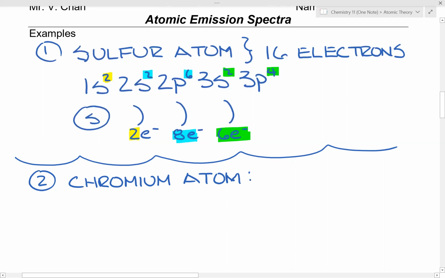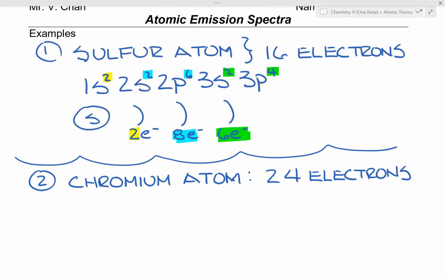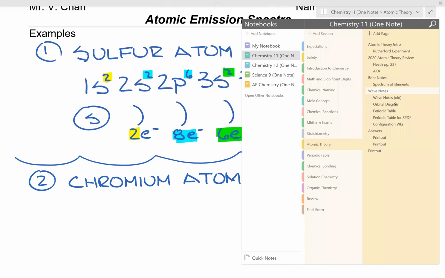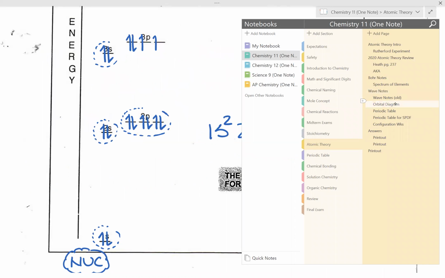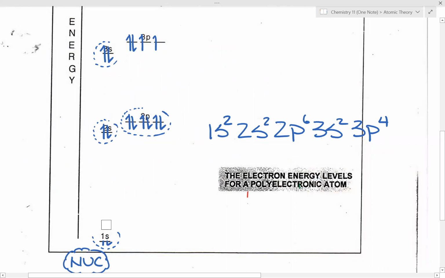Okay, so a chromium atom has 24 electrons. Going back to the orbital diagram, I'm just going to erase this to give it a fresh start. So basically, I need to draw 24 lines.